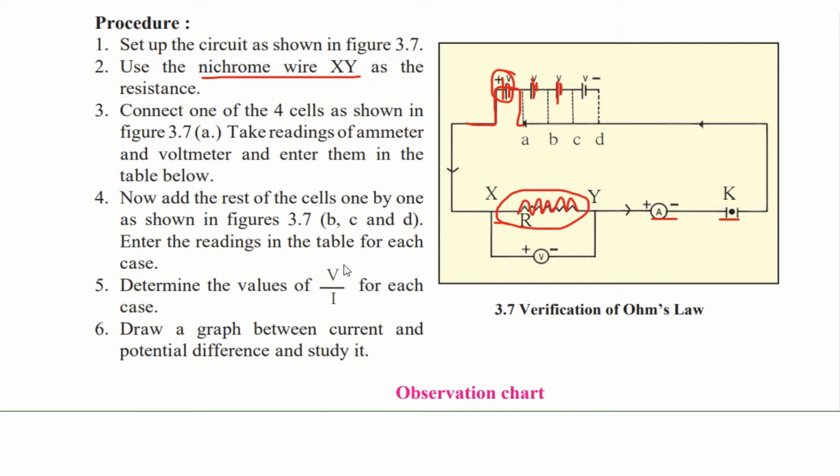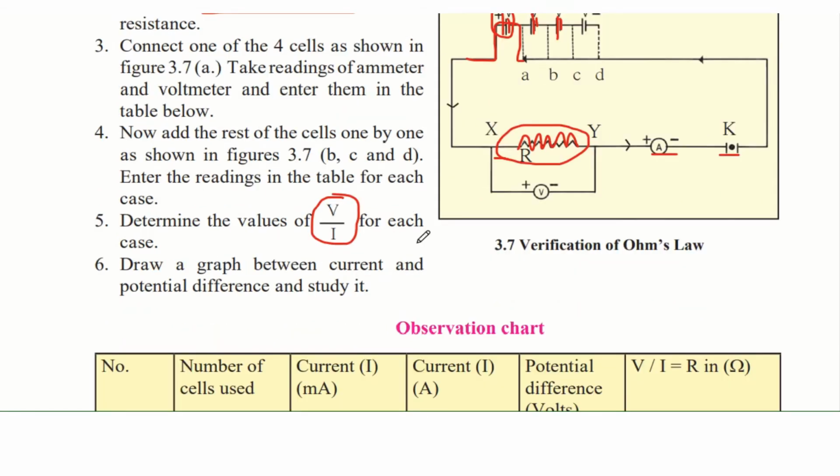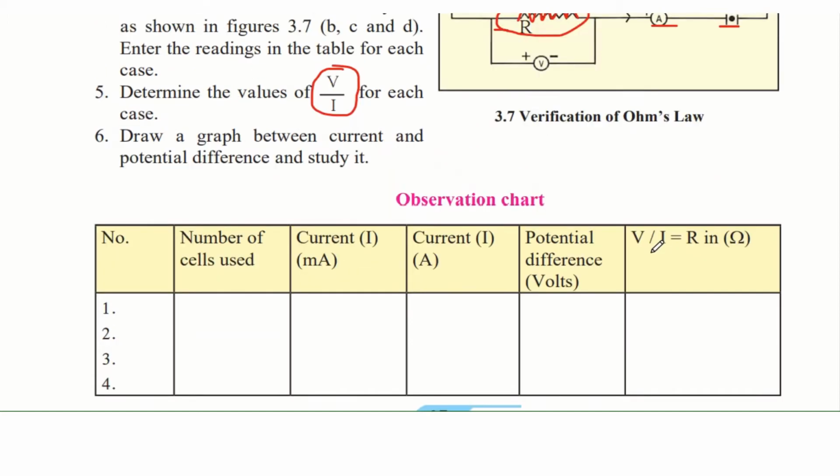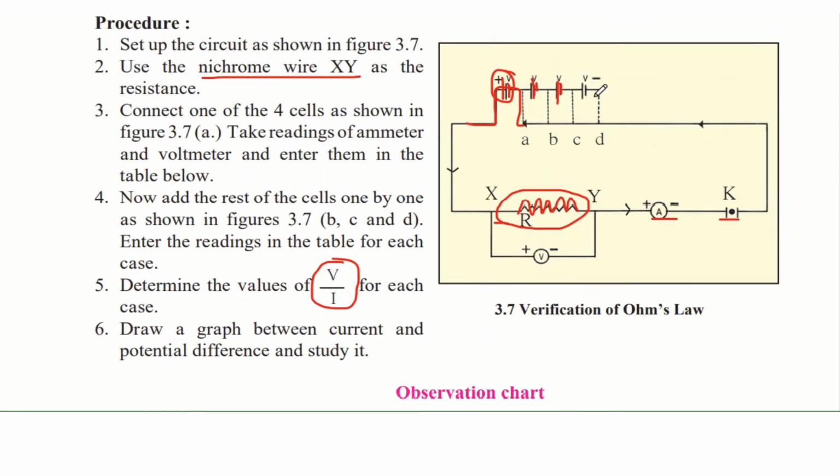Determine the values of V upon I for each case, and draw a graph between the current and the potential difference and study it. So after recording all these values, you will notice that as we add more cells to this diagram, the current and the potential difference keep changing.